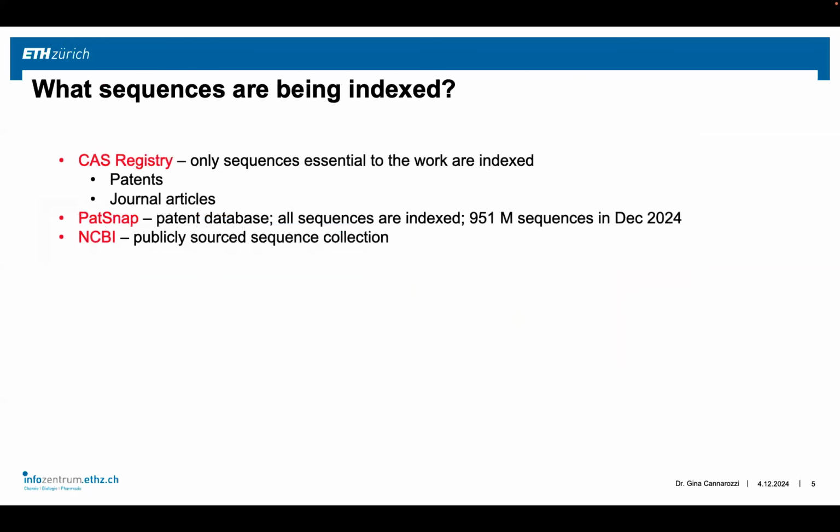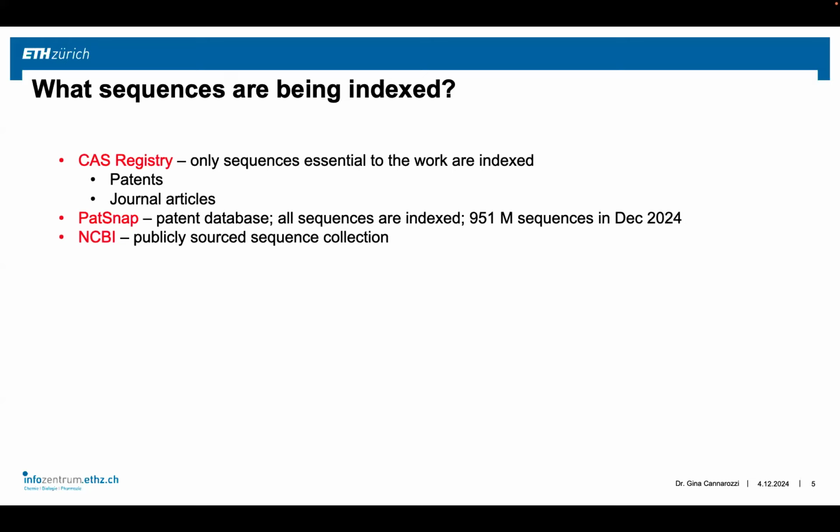It's important to remember what sequences are being indexed. Here is what's included in their sequence search. It's the CAS registry, where for a given work, a patent, or a journal article, they only index the sequences that are essential to the work. So if you have a journal article where an entire RNA-seq experiment has been uploaded with sequences, you won't have all of those sequences in the CAS registry, only the essential ones.